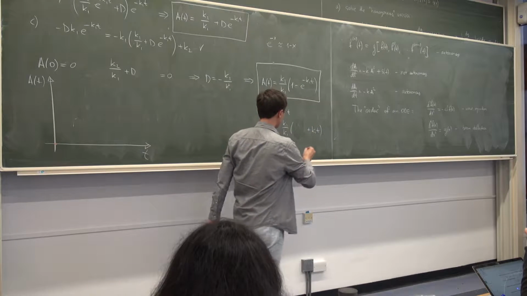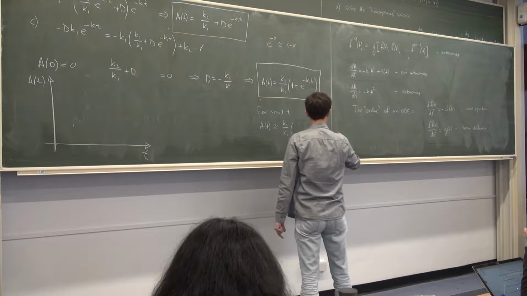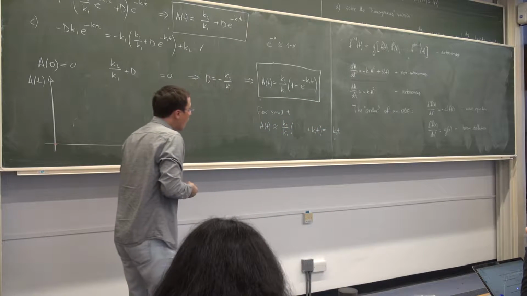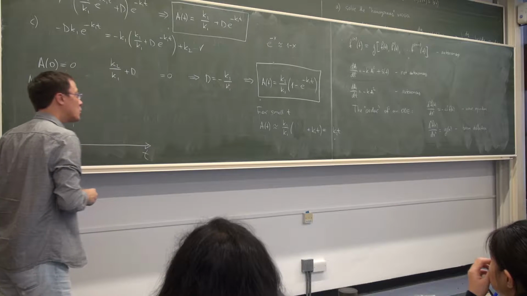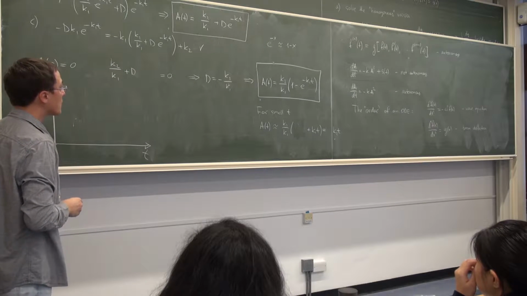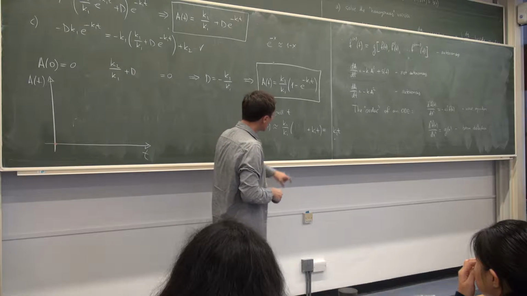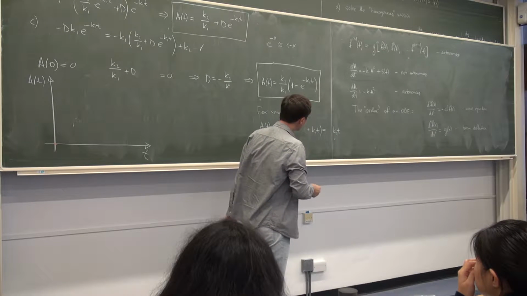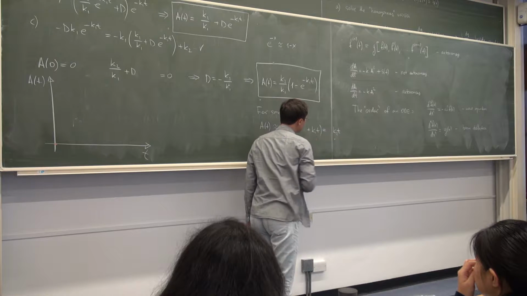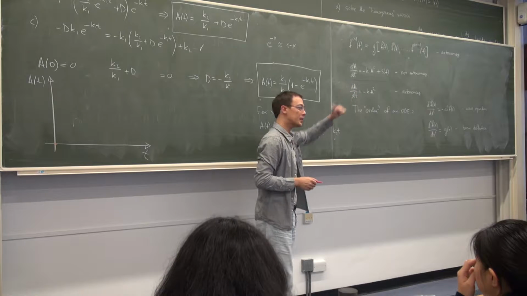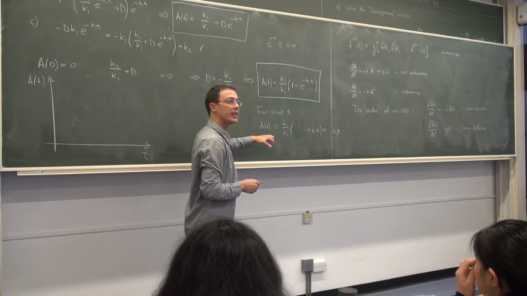The K1s cancel, and so you are left with K2t. Therefore, when we've only just started the process, the concentration of our substance goes linearly, and it goes linearly at exactly the rate at which we are adding it. So the amount is increasing at the rate at which it's being added.